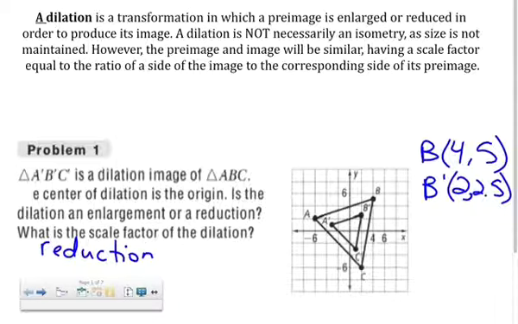Notice the scale of the coordinate plane. Each box is representing 2.